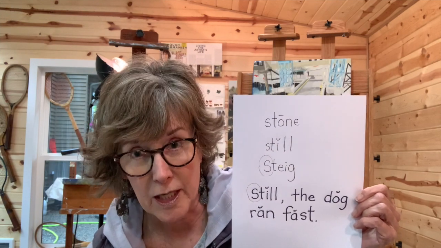Still, comma, the dog ran fast. So still is the first word in that sentence, and it has a capital S, or an uppercase S. And you know what comes at the end of a sentence, right? A period, a dot. It tells you as the reader to stop, take a breath, and begin the next sentence.